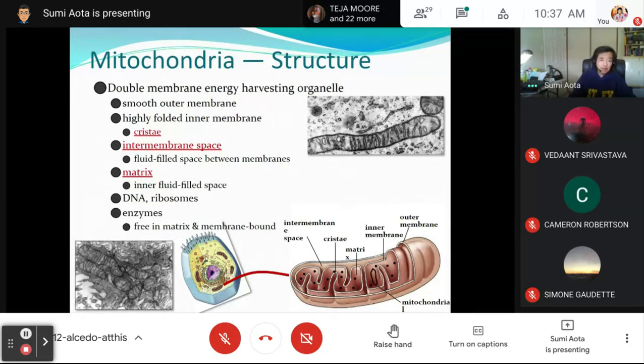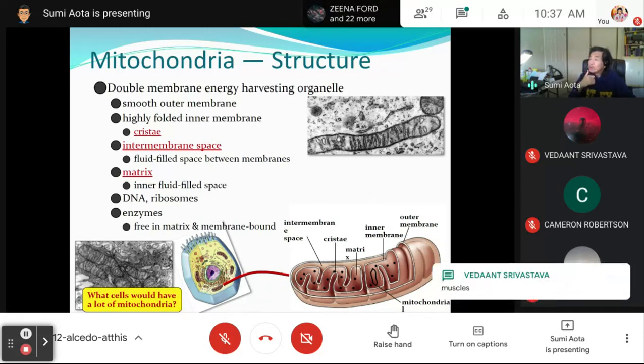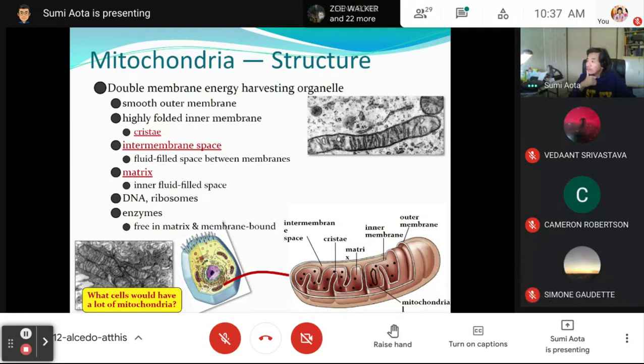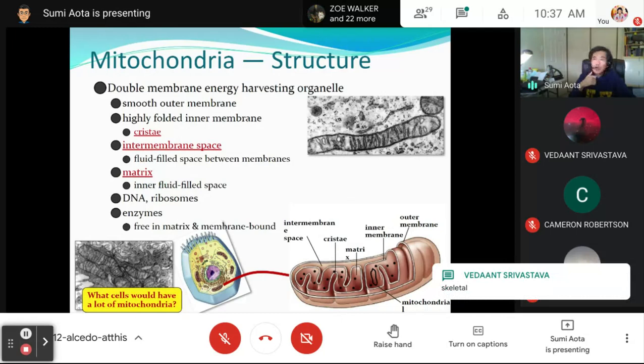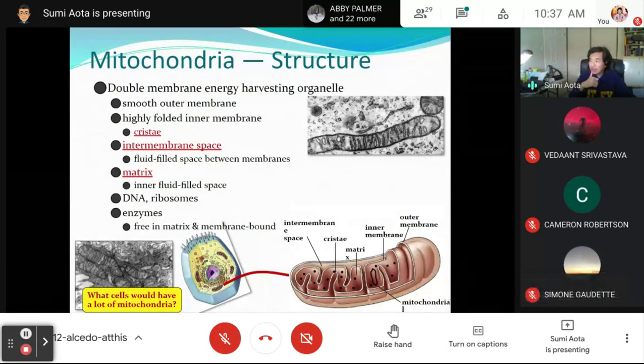More diagrams, more photomicrographs of mitochondria. So what cells in your body do you think would contain a lot of mitochondria? Skeletal muscle has a few, but there's a type of muscle that has a lot more.